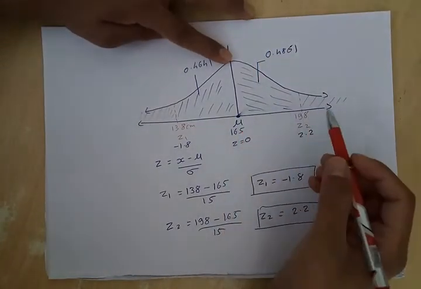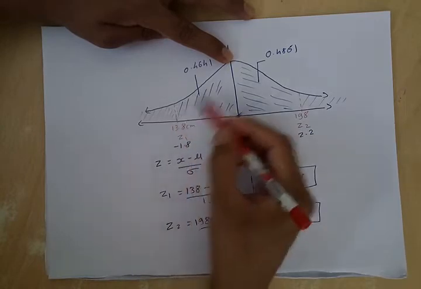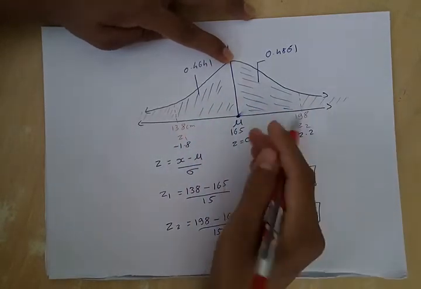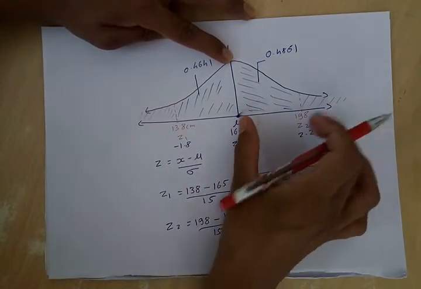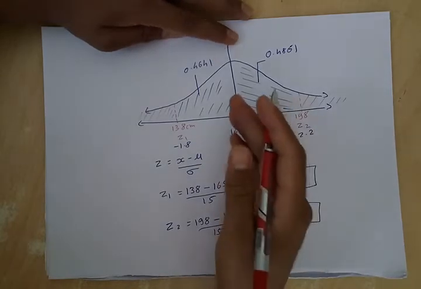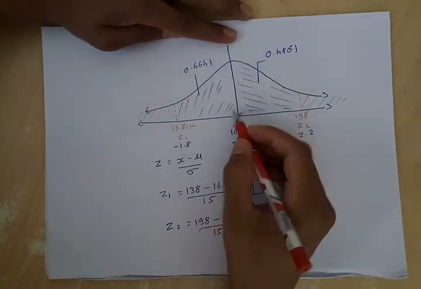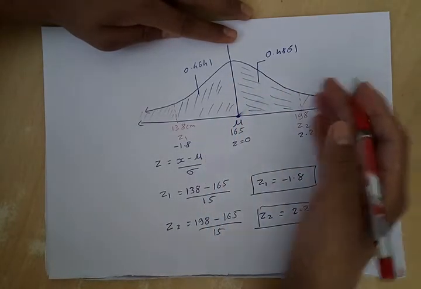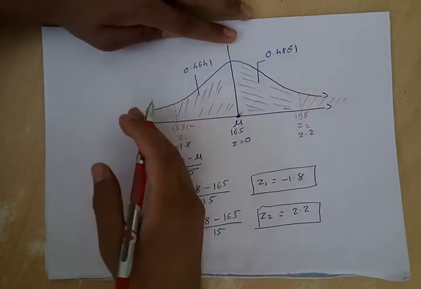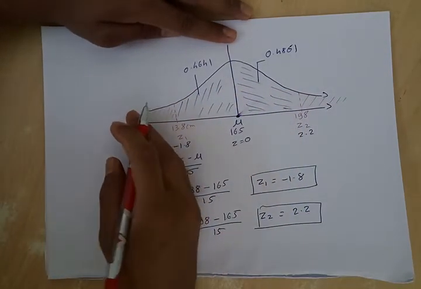Now we know that this diagram is symmetric and the total area under this diagram is 1. So the area to the right of this vertical axis will be 0.5, and the area to the left of this vertical axis will also be 0.5.